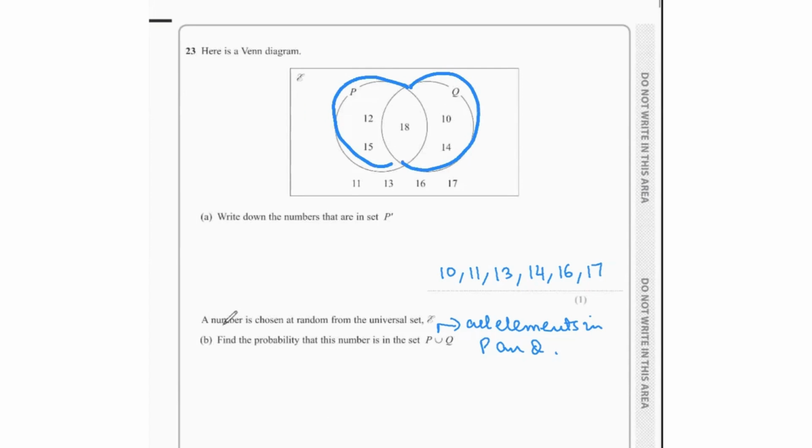So that's 1, 2, 3, 4, 5 elements. So probability is going to be 5 over the total number of elements, 6, 7, 8, 9. So 5 over 9 is the probability that the number is in the set P union Q. And remember, if there's a common element, you only count it once, you don't count it twice.